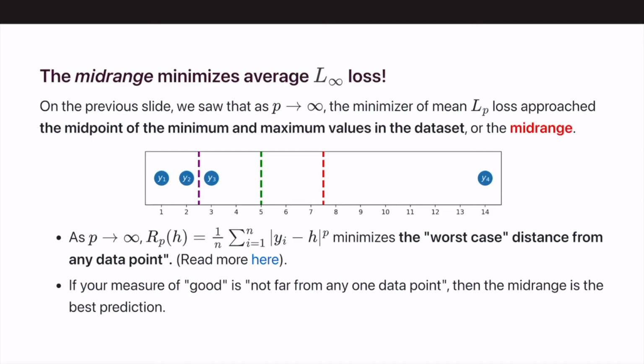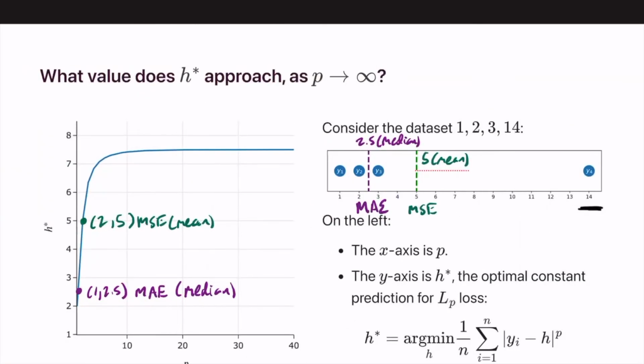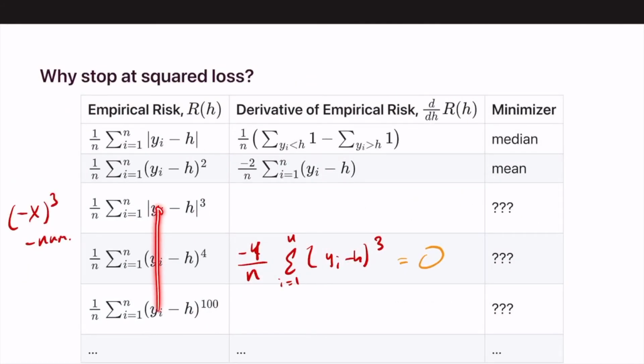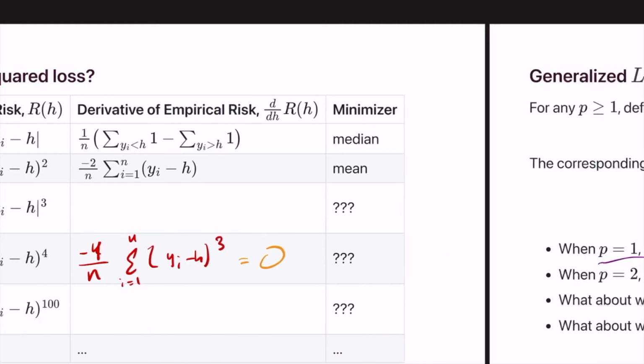So what we can say is, if the median minimizes absolute loss and the mean minimizes squared loss, the mid-range minimizes average loss as p approaches infinity. So as we go higher and higher in p's this way, what we see over here is the mid-range.